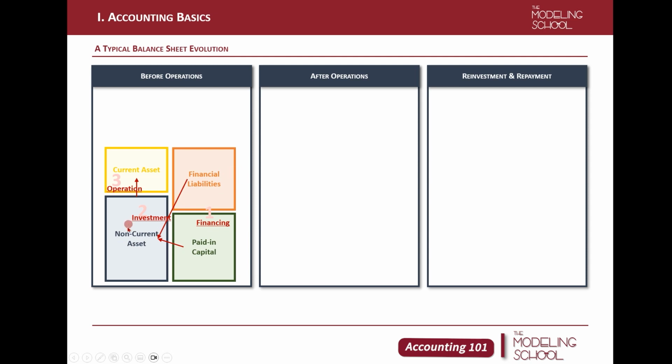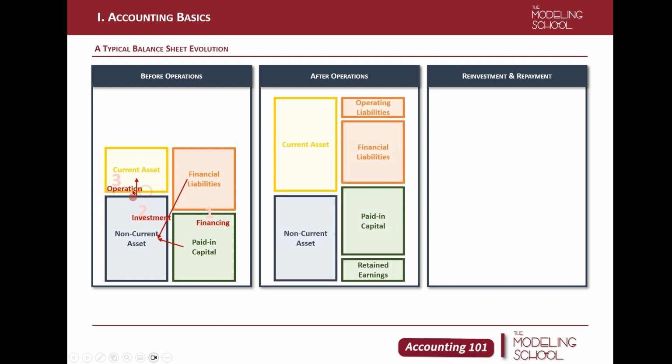So you've produced inventory by utilizing your property, plant, and equipment. And after the operation produces revenue, and finally net income, now we have retained earnings, because net income would be accumulated in the retained earnings.